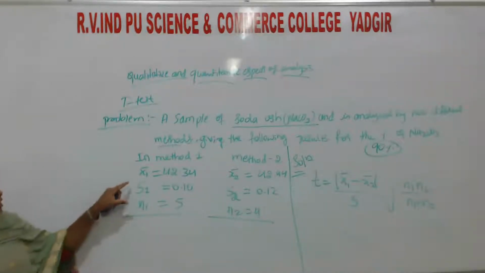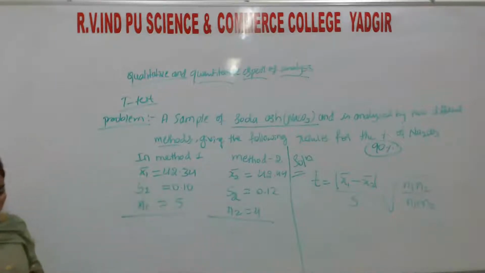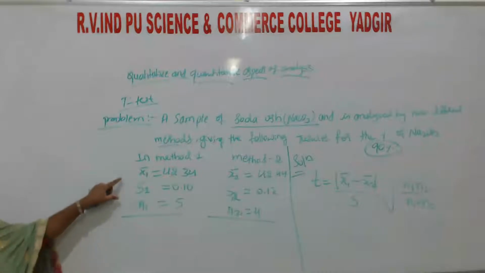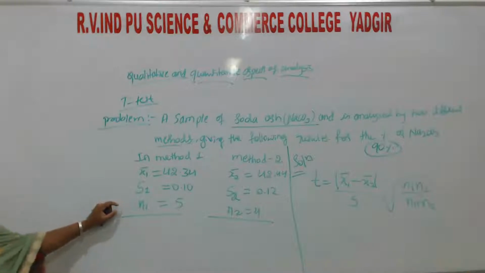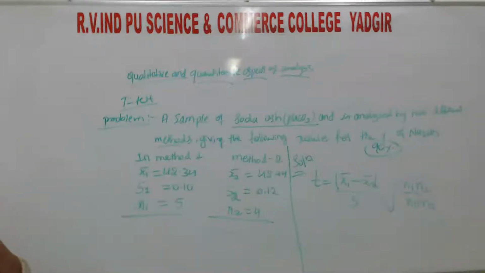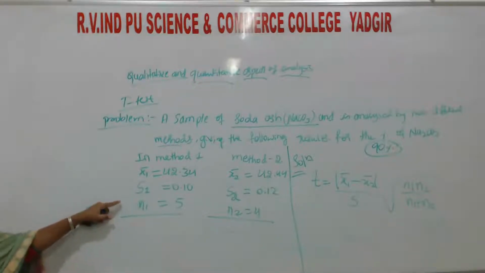You take the first s value, and one time another s value, or you take a mean of the s values. Here n1 is equal to 5 and n2 is 4.